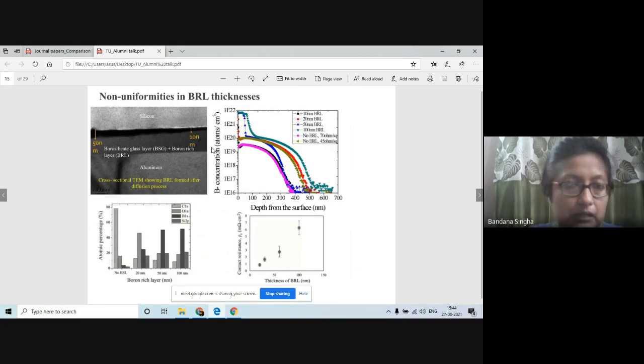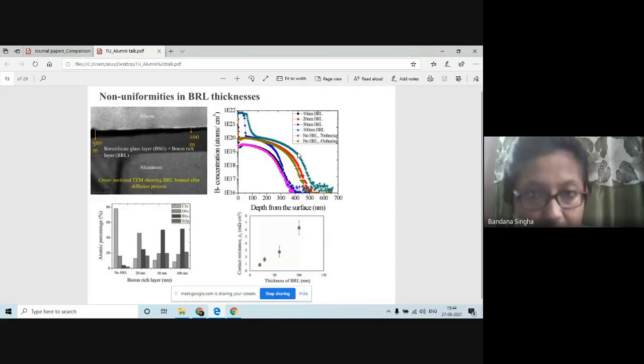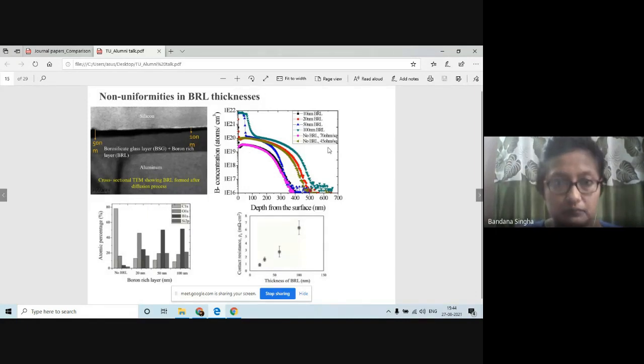And in our case, we could see that the boron rich layer which was getting formed was not uniform in thickness. So at certain regions it was 50 nanometer, and at other regions it was 10 nanometer. We did some SIMS analysis of these samples.